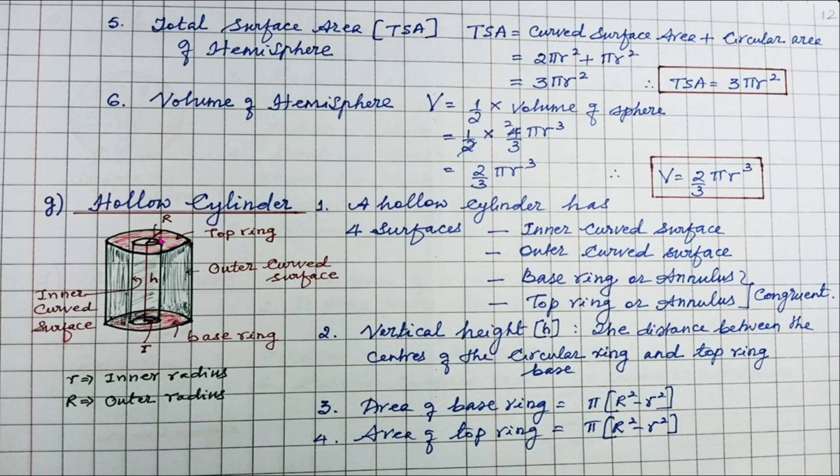The base ring and the top ring are congruent rings, and therefore the area of the top ring also is pi (R square minus r square). Now the distance between the center of the top ring and the base ring is known as the vertical height of the hollow cylinder.